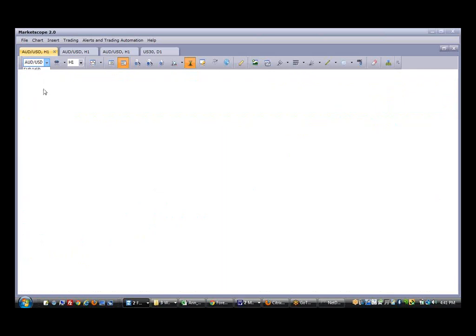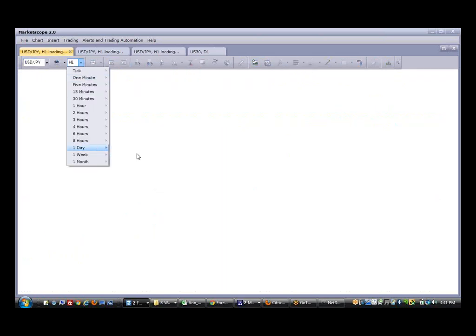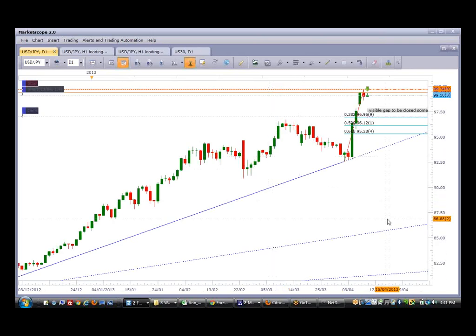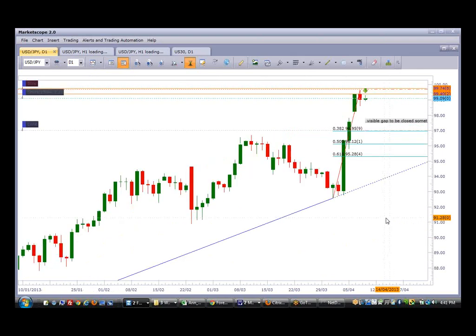Okay, let's start with the dollar yen. This is actually one of our trades today, method 1.